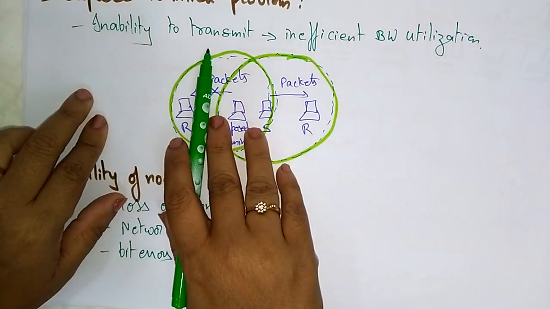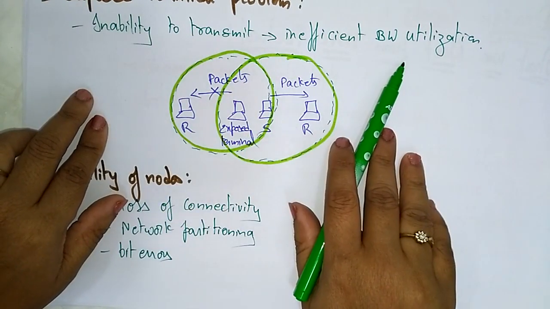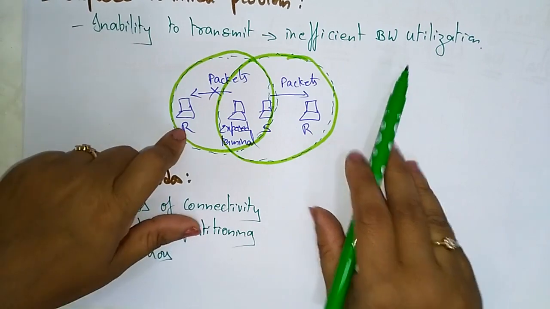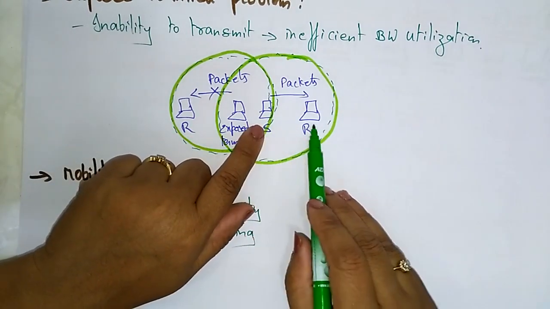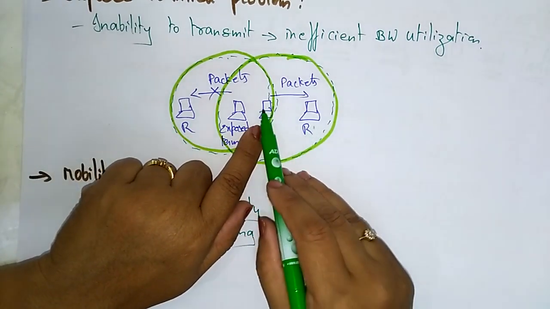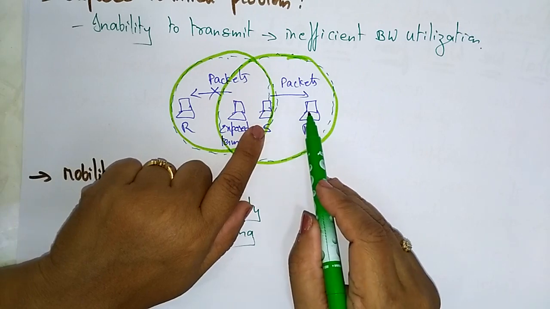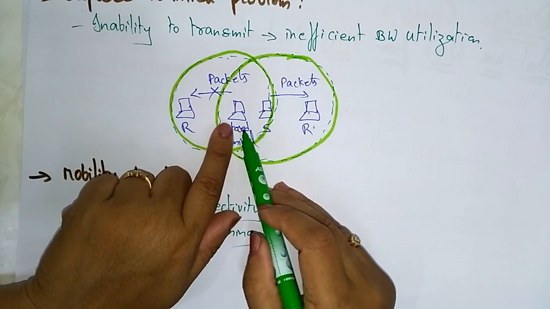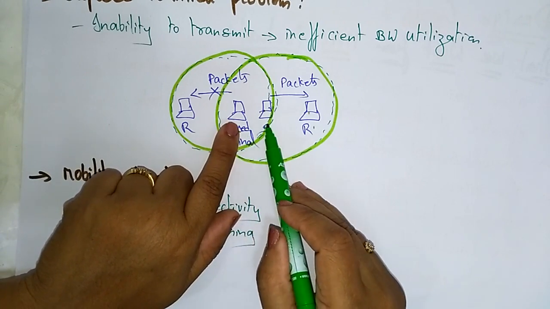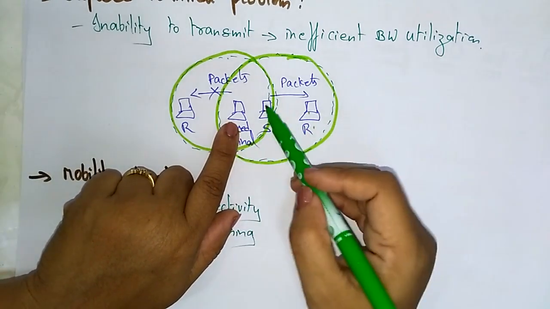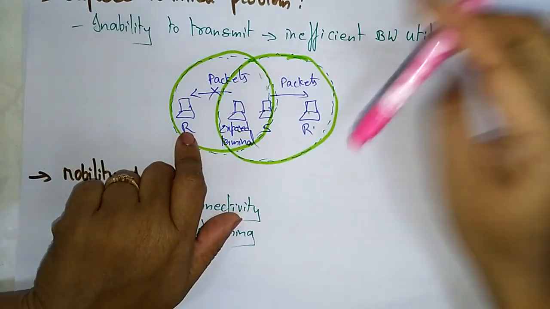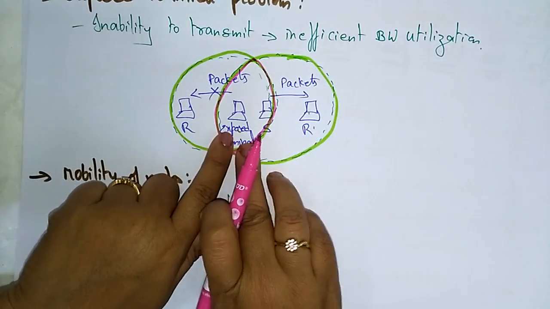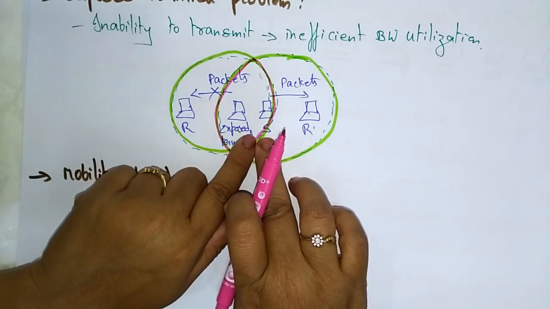Inability to transmit because of inefficient bandwidth utilization. Why is there inability to transmit? Because the sender wants to send a packet to the receiver, and the sender sends the packet. The exposed terminal knows that the sender is sending the packet. How does it know? Because they are present in the same location and receiving the signals.